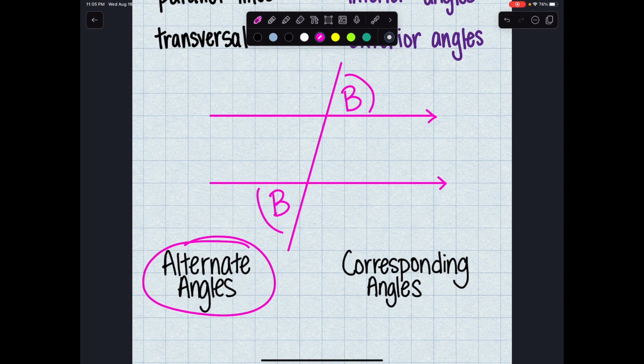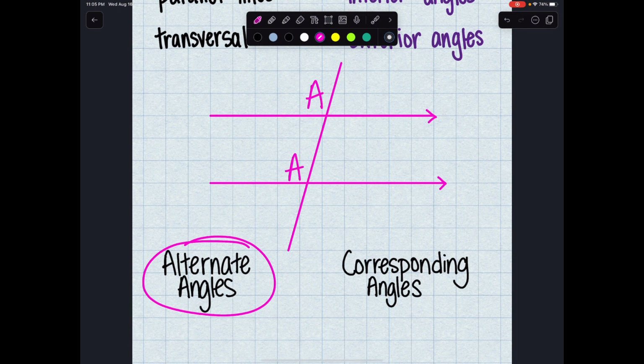Okay. What about corresponding angles? Corresponding angles are angles that have corresponding positions. So that's different. That means that their positions are the same. Kind of like if you're doing a tic-tac-toe, I don't know, it's like a mirror image. So here's A. What is going to be the mirror image of that?